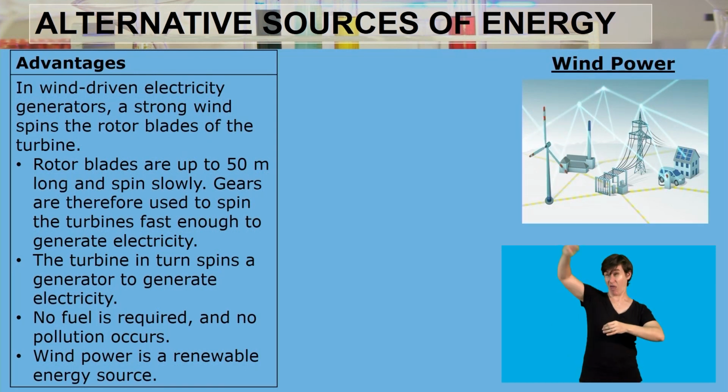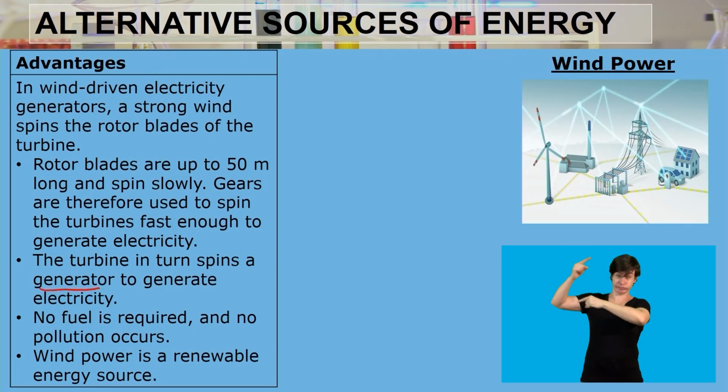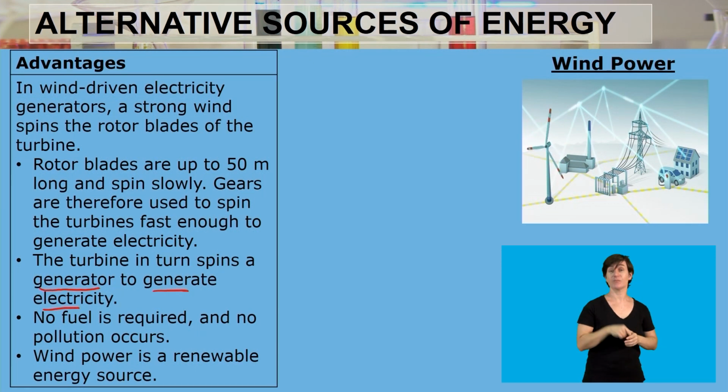Gears are therefore used to spin the turbines fast enough to generate electricity. The turbine in turn spins the generator, as we have said, to generate the electricity. And again, no fuel is going to be used, and no pollution will occur when we are using the wind. Also, wind power is a renewable energy source.